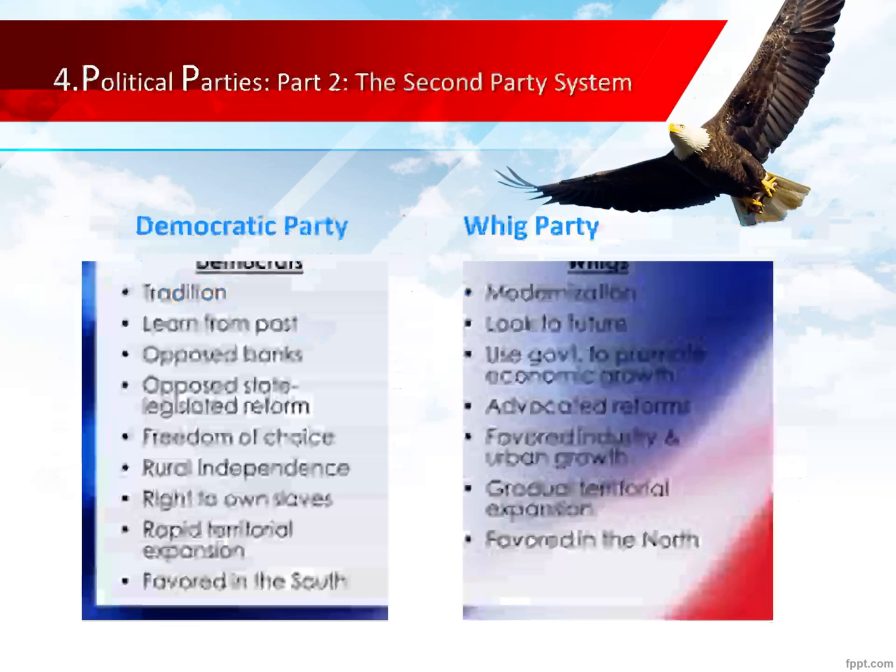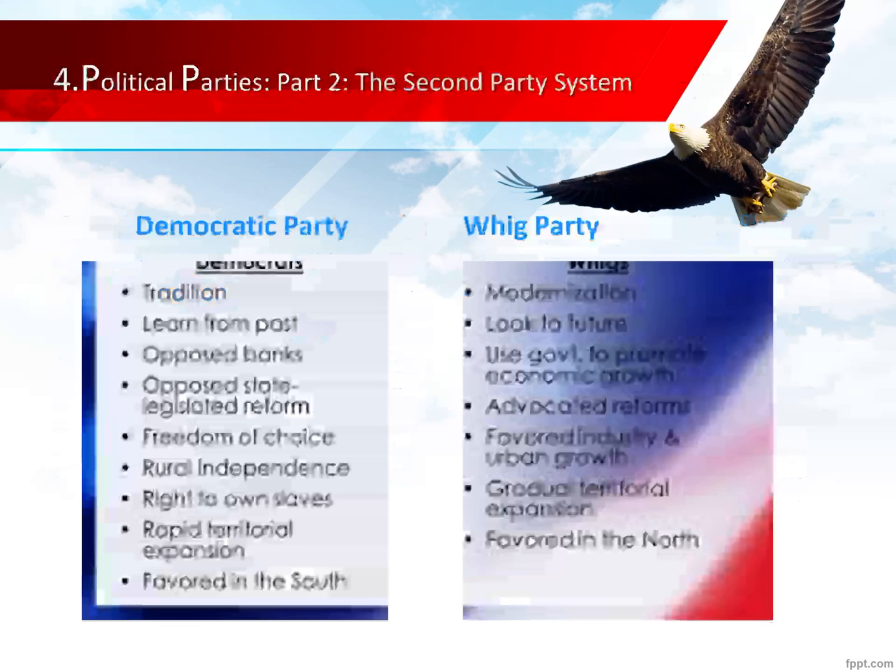The Whigs advocated reforms, for example, to the slave system. They favored industry and urban growth. They wanted a gradual territorial expansion west.